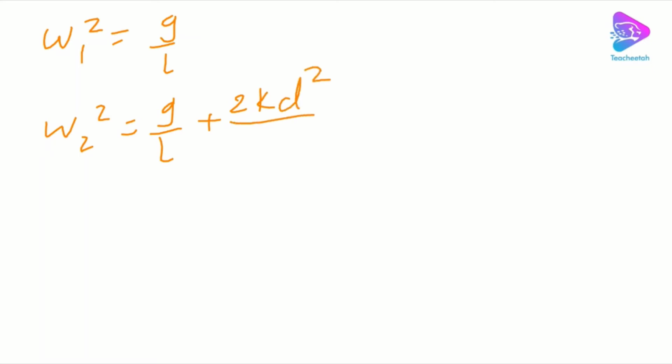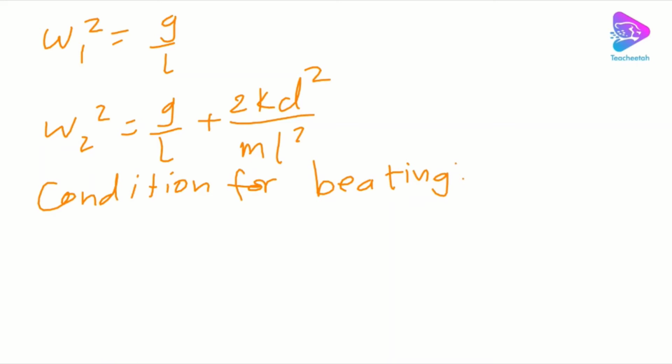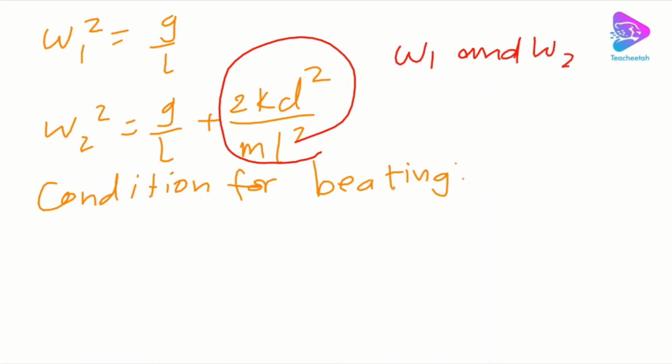So we found omega 1 squared equal to g over L and omega 2 squared equal to g over L plus 2k d squared over m L squared. And what was the question? Part D of the question, the condition for beating, right? The condition for beating means that this part of omega 2 should be small enough so that omega 1 and omega 2 are close enough.